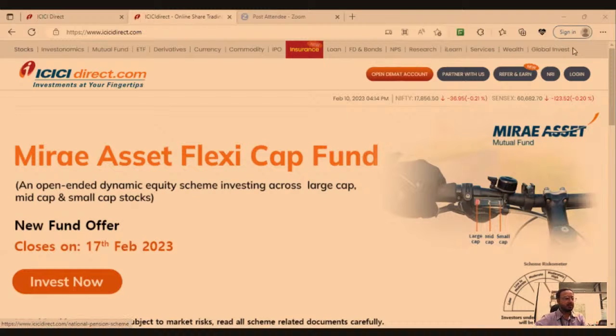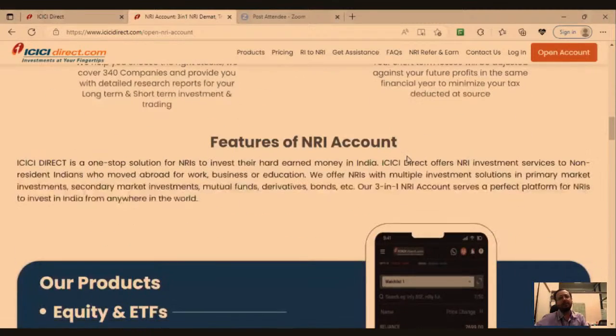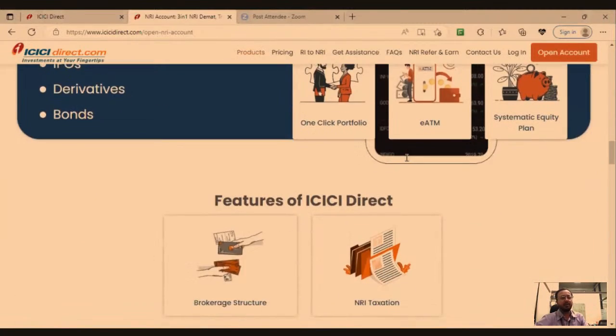So when you visit our website, ICICIdirect.com, besides the login page, there is a whole dedicated page to NRIs. If you see over here, this is the login section. There is an NRI page over here. Click on here. You will be able to find all details related to NRIs right out here.